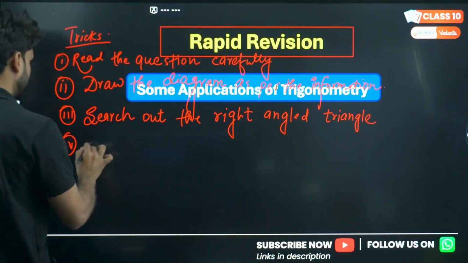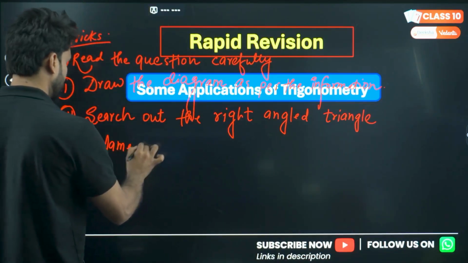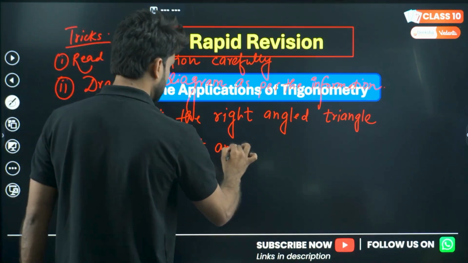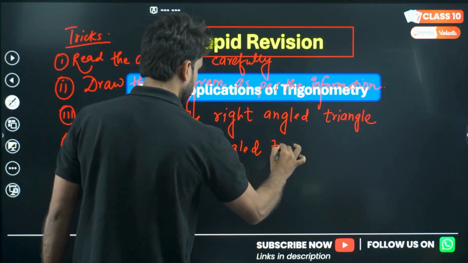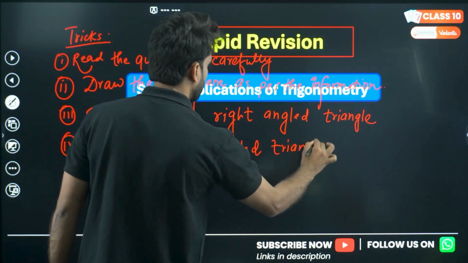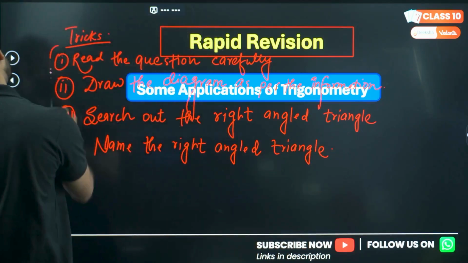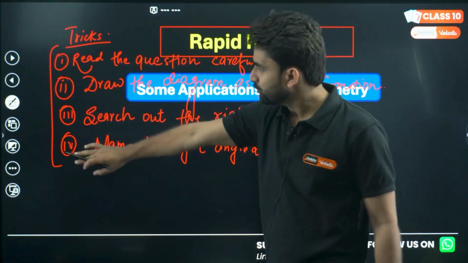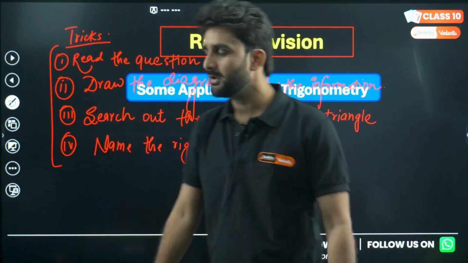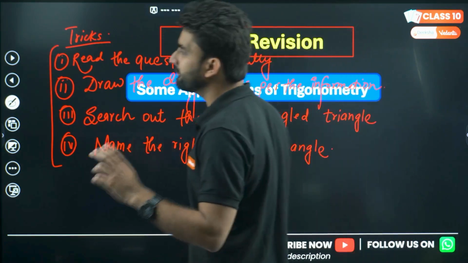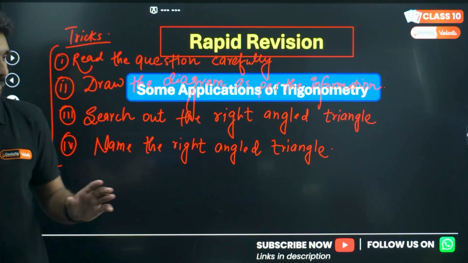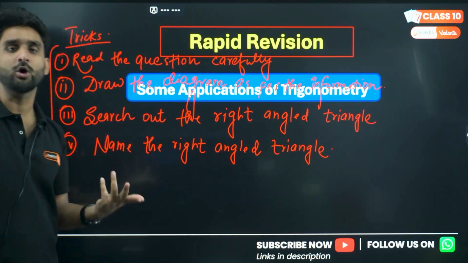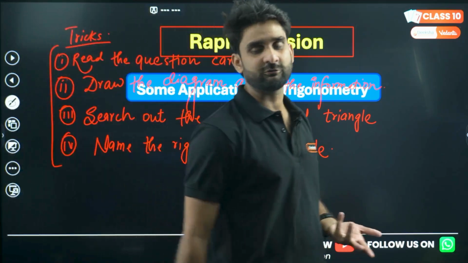Fourth, name the right angled triangle. By following these tricks, by keeping these points in mind, you can easily proceed the question of application of trigonometry. I used to follow these points, and these points help me a lot to do the questions from application of trigonometry.